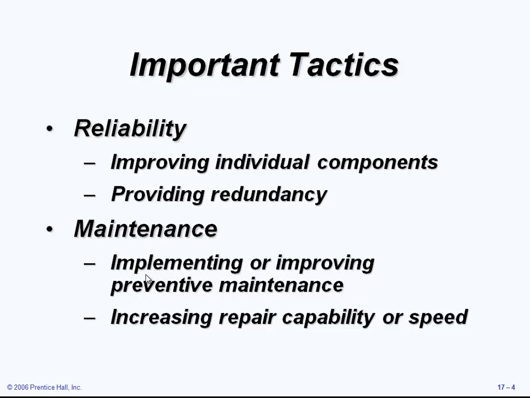When we say improving individual components, it means increasing the reliability of these components, which will lead to the increase in the reliability of the overall product. When we say providing redundancy, or having parts ready to replace existing parts in case of failure, that means we can replace the parts as soon as they fail. And that will be explained in later slides.